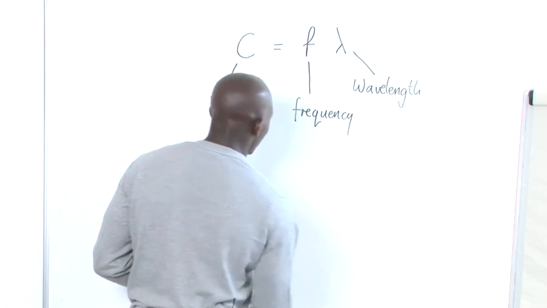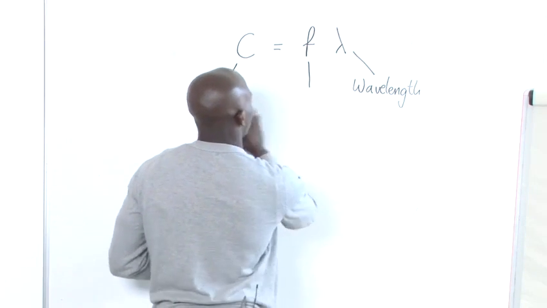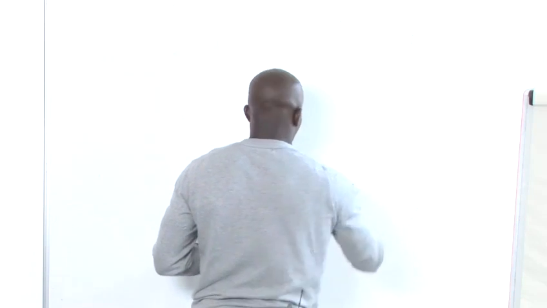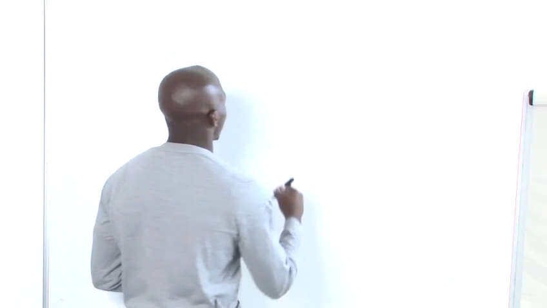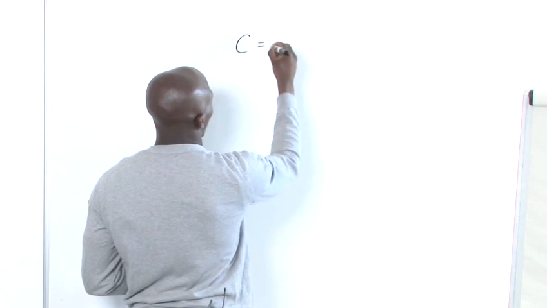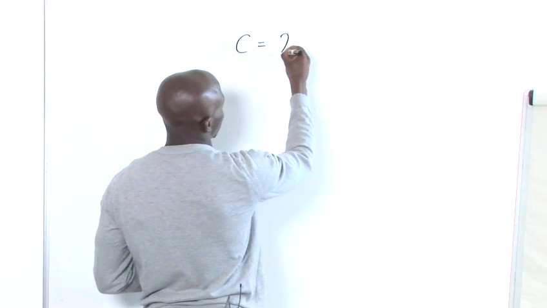So, imagine if we have a certain oscillation that moves with a certain speed. So that might be the speed of a wave, which is an oscillation, so a water wave in a swimming pool. We see that the speed of this wave moves at 2 meters per second.